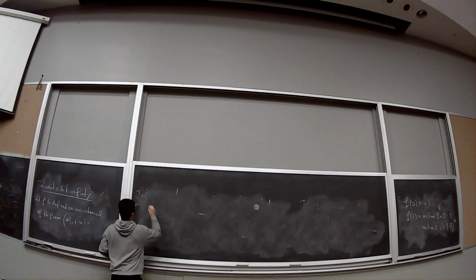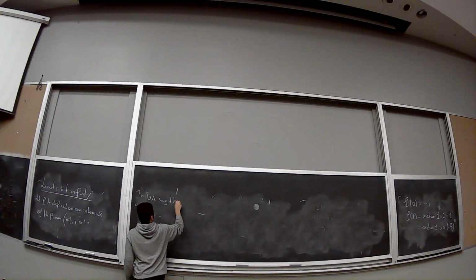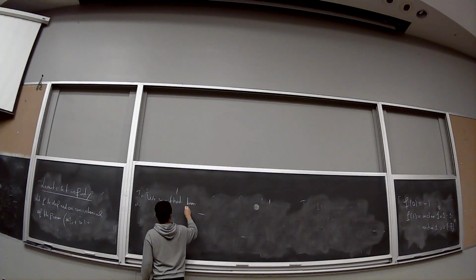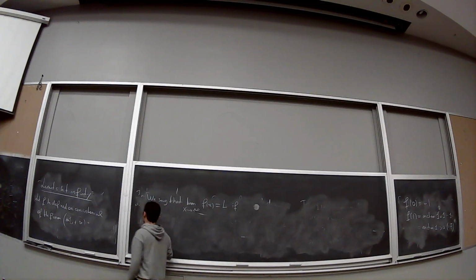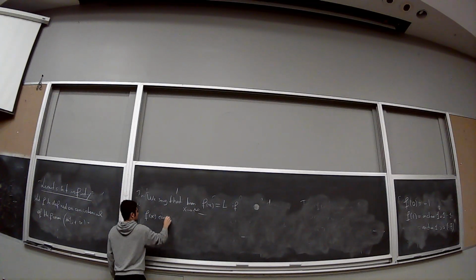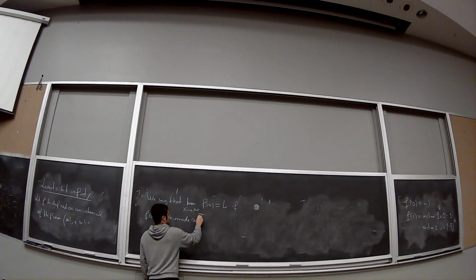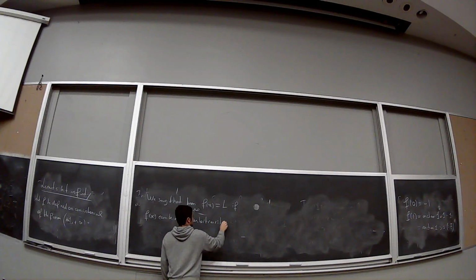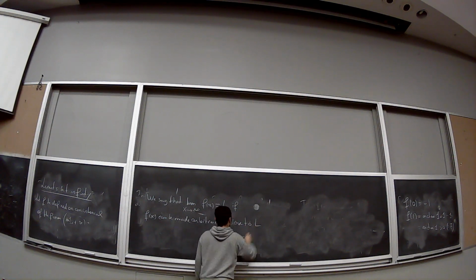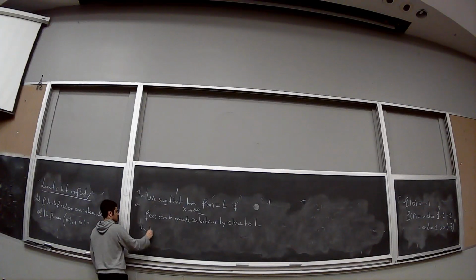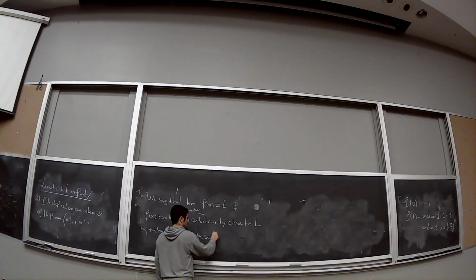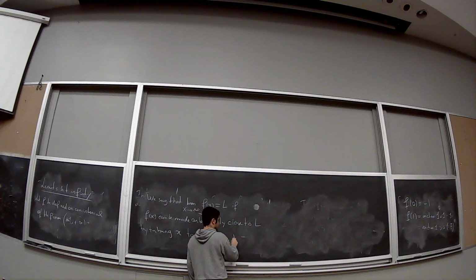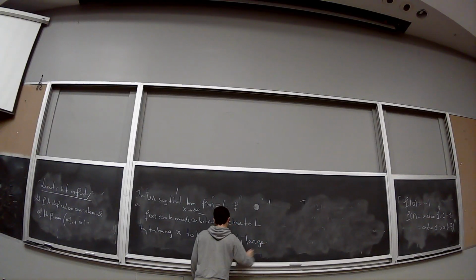We say that the limit as x goes to infinity of f of x is equal to L if f of x can be made arbitrarily close to L by taking x sufficiently large positive.